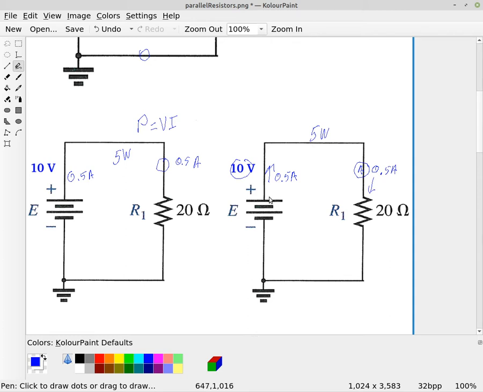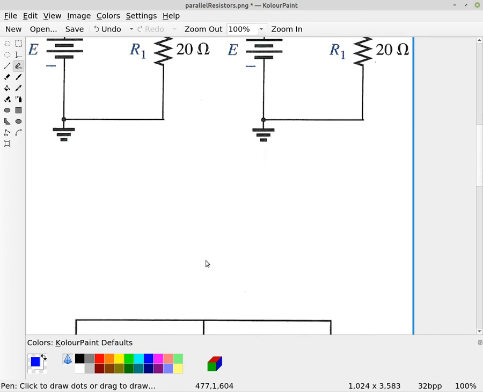What's that mean? It means that the power supply is supplying 5 watts and the resistor is using that 5 watts. Okay, so remember, the resistors basically take that energy being supplied and convert that into thermal or heat energy.